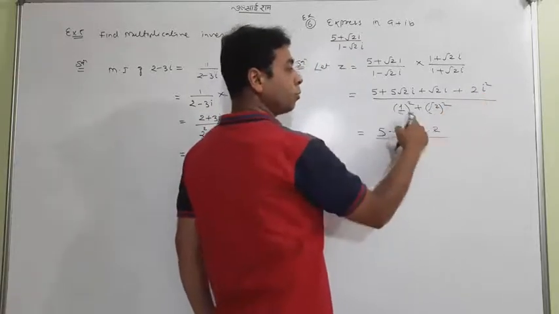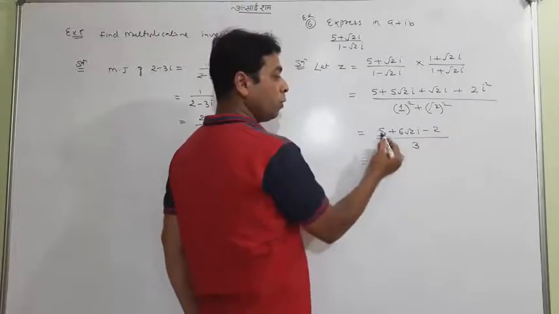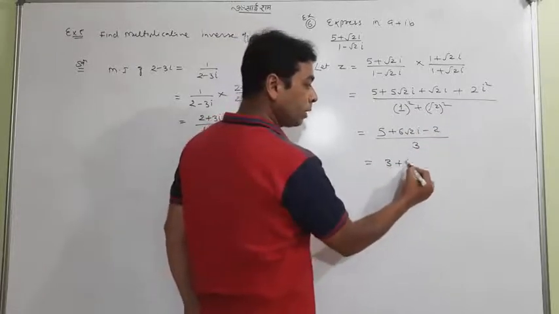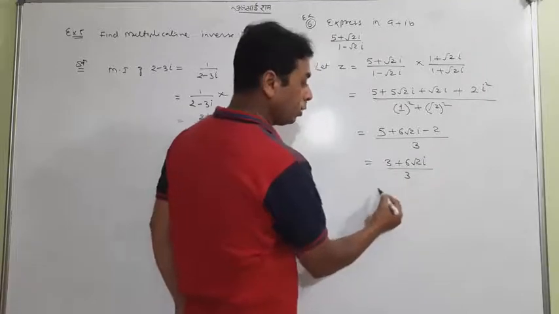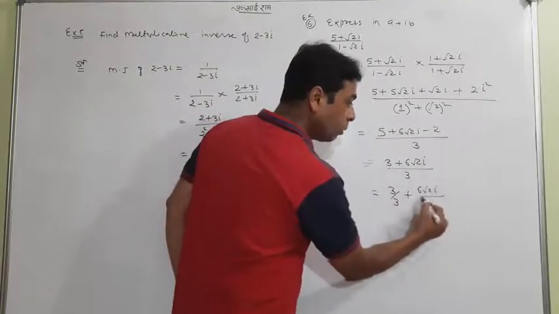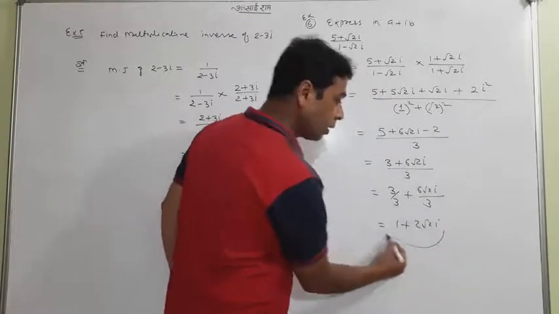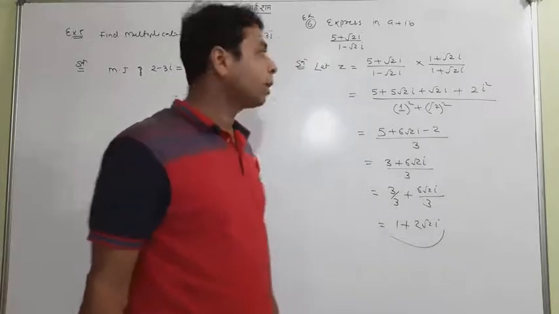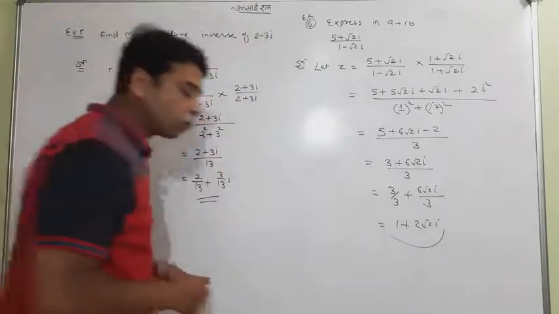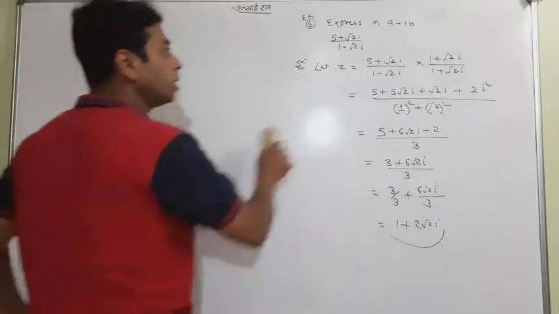So it's 5 minus 2, which is 3, plus 6 root 2 i upon 3. In the denominator, 1 plus 2 is equal to 3. Do separation: 3 by 3, 6 root 2 i by 3. So the whole answer is 1 plus 2 root 2 i, since 3 twos are 6. This is a plus ib. So nothing to worry about. It's a very easy question. I hope you have got it. Please remember this.